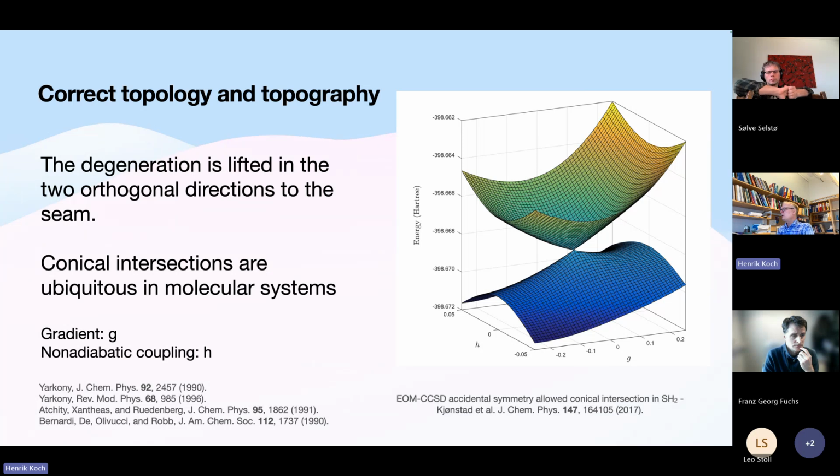Then you move in what is called the G and the H direction, and you lift the degeneracy linearly in those directions. H is the nonadiabatic coupling element, and G is the gradient. These were explored in the early 90s, and I have put some central references on the page.